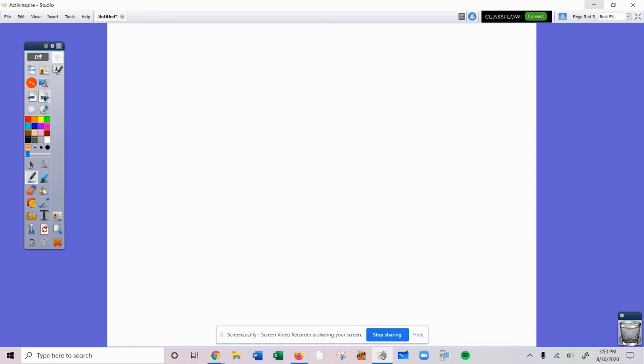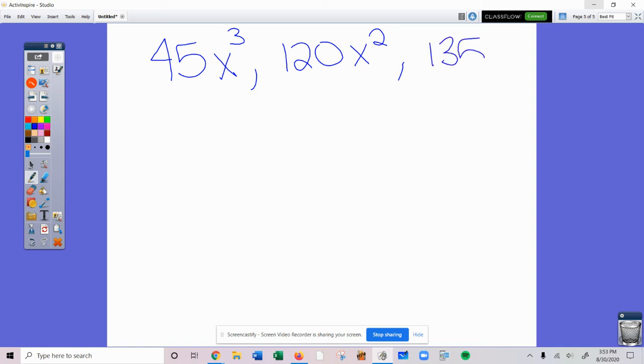So let's say we want to find the GCF of 45x to the third, 120x squared, and let's see, how about we do 135x?